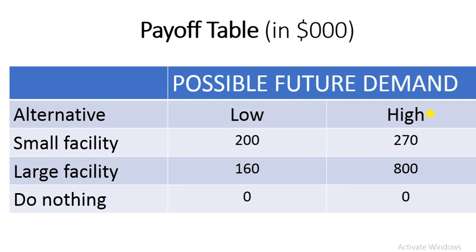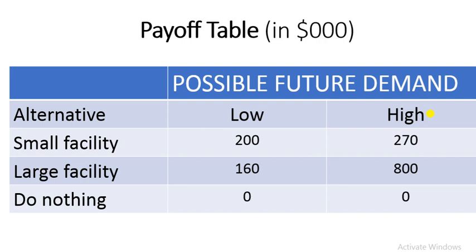As you can see in the second column, with a small facility, the payoff would be $200,000 if demand is low. But at the same time, your payoff would be $270,000 if demand is high and you are building a small facility.